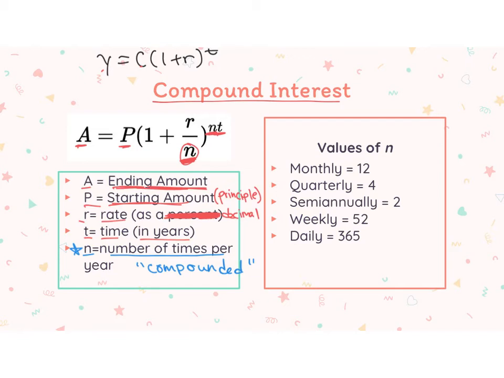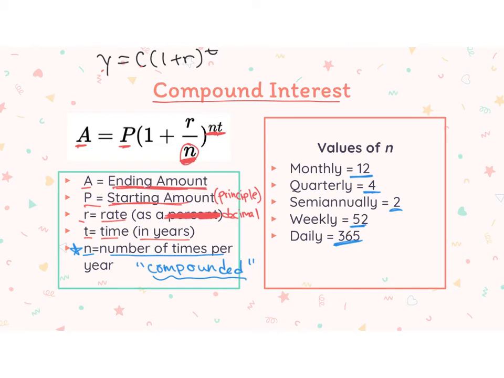So if they compound the interest monthly, that means that they compound it 12 times a year. If they compound the interest daily, that means they compound it 365 times per year. If they compound it quarterly, that means they compound it 4 times per year. Weekly would be 52, semi-annually would be 2. So that is what you're looking for when you see the word compounded.